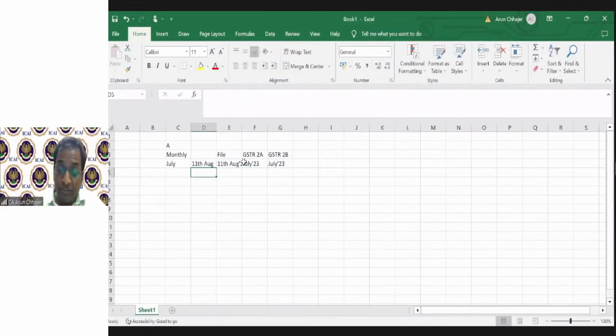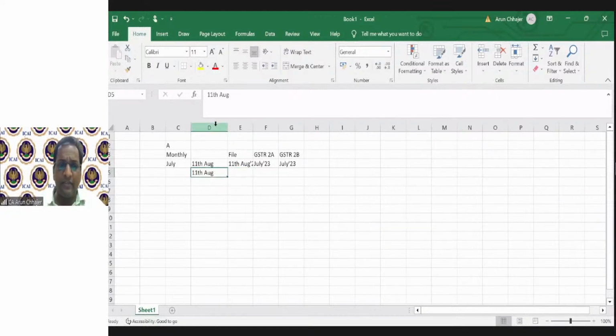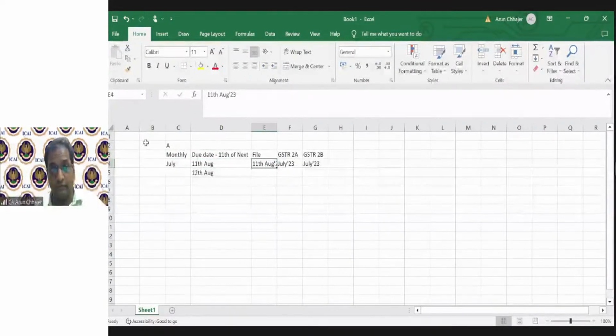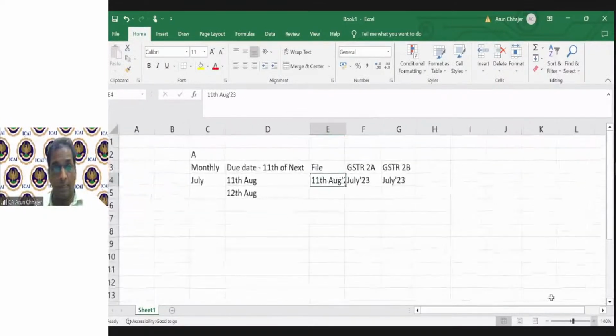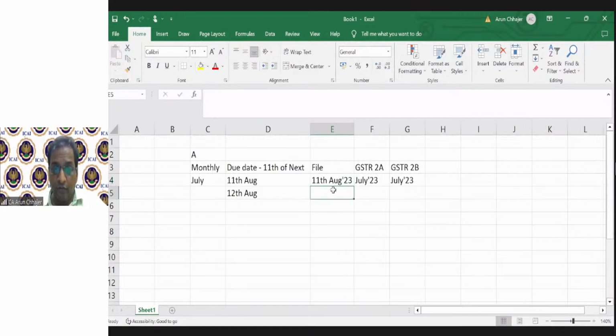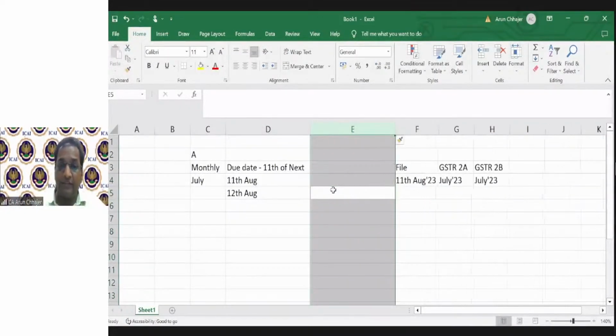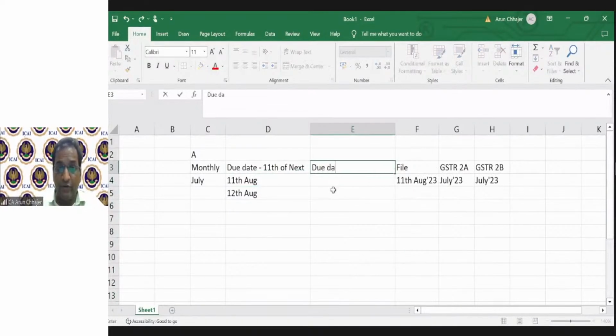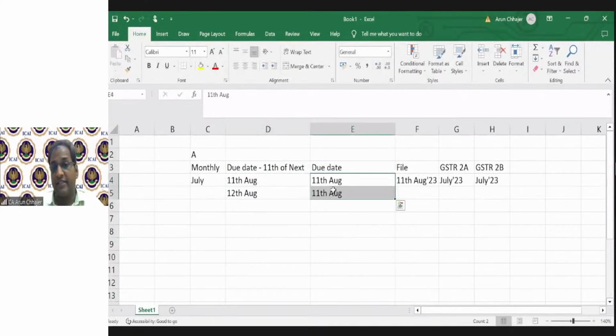Let's say he has furnished the return on 12th of August 23, because it is a monthly taxpayer. What is the due date? The due date is 11th of the next month.